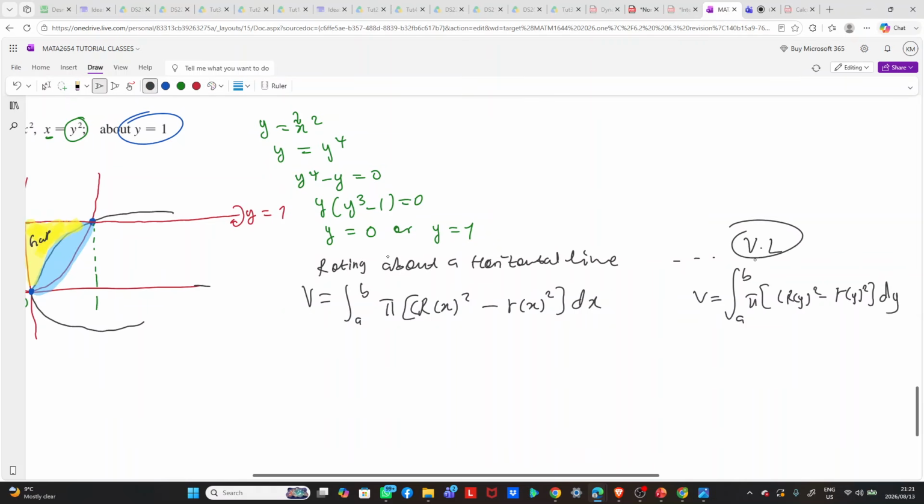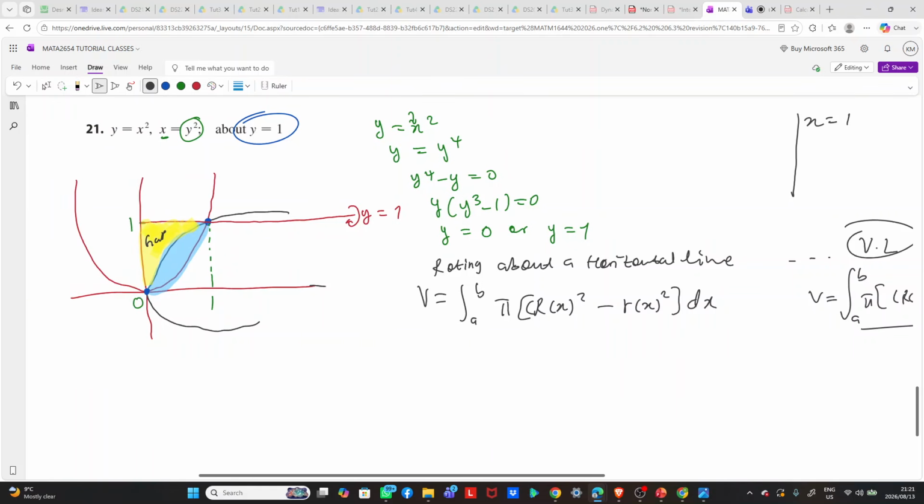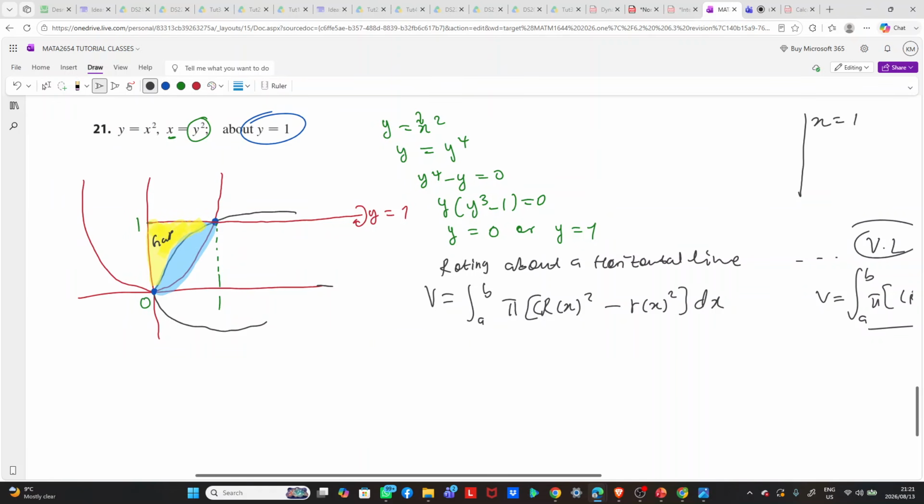So when you are rotating about a vertical line, say x equals 1 or something like that, you're going to use this formula. You're integrating in terms of y. Just remember that, so you don't end up being confused about which formula to use.